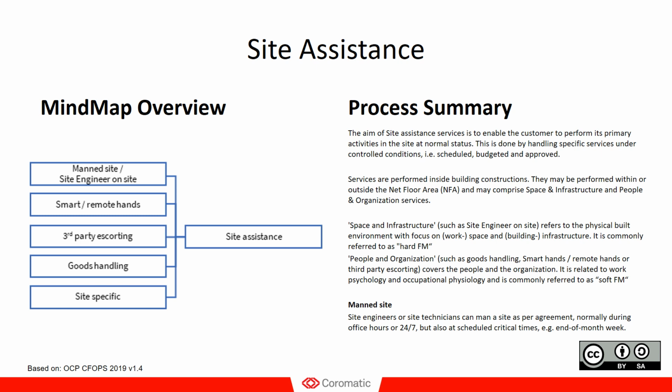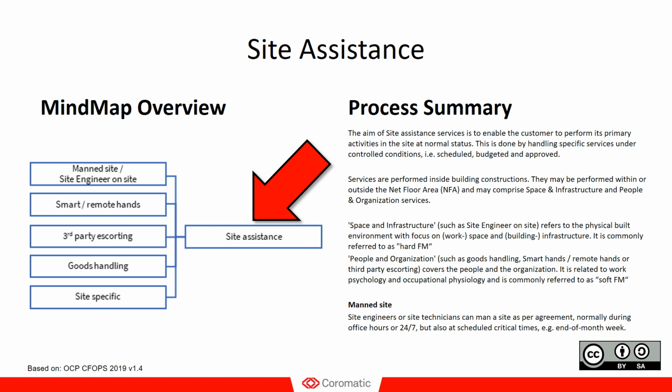The process consists of several different types of engagements, and they are split between so-called hard FM and soft FM. They are performed in the critical facility to ensure that the primary area fulfills the expectations and requirements of the end user organization, but also supporting them in handling their equipment.